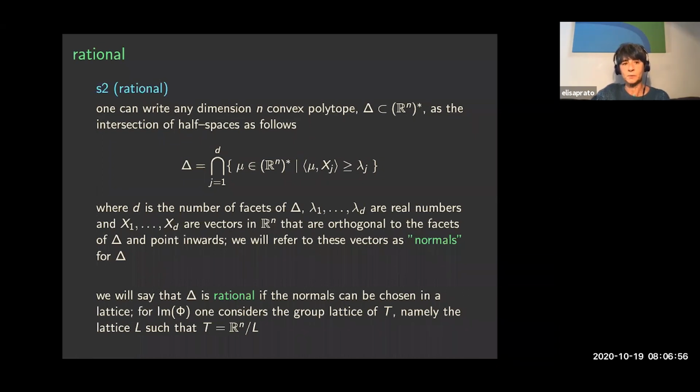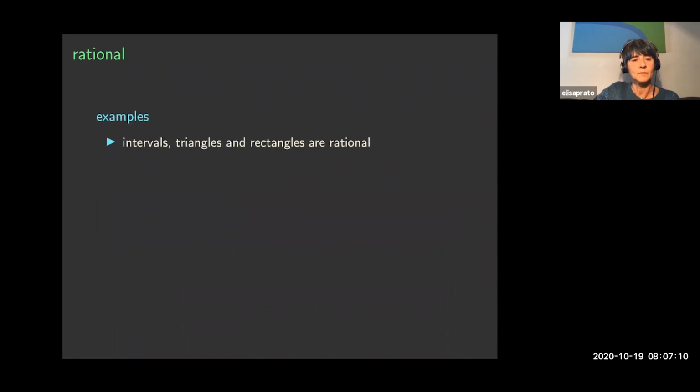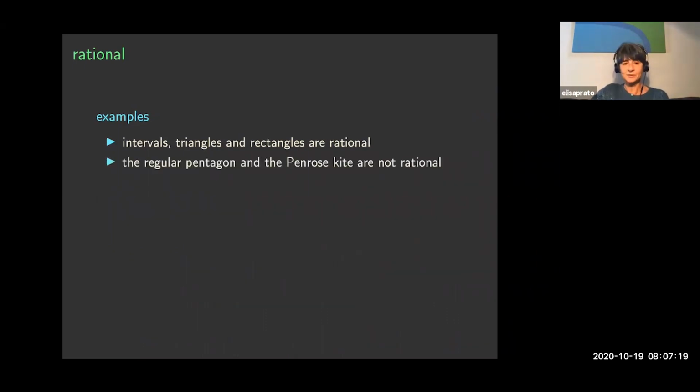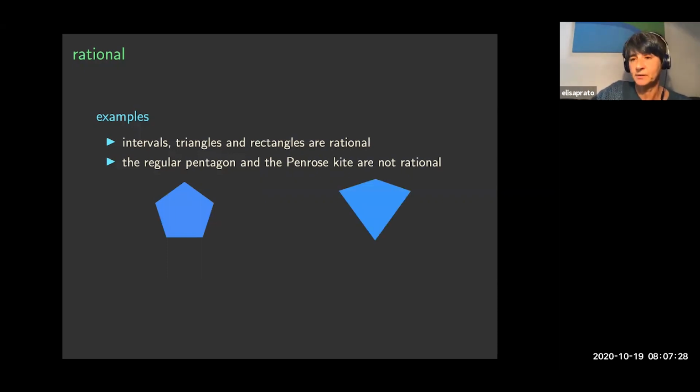And usually when we are in the context of the image of the moment mapping, we consider the group lattice of the torus, so the lattice L such that T is Rn mod L. So intervals, triangles, and rectangles are rational. The first simple examples of polytopes that are not rational are the regular pentagon and the Penrose kite.